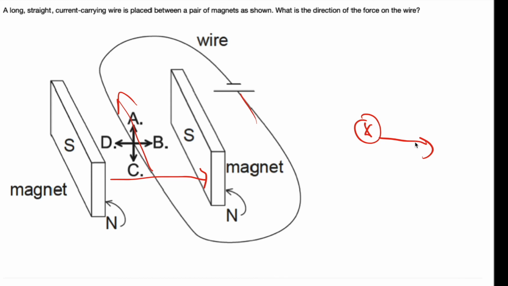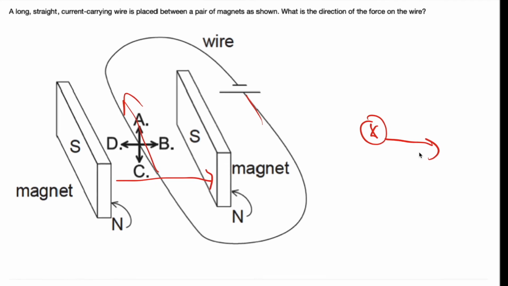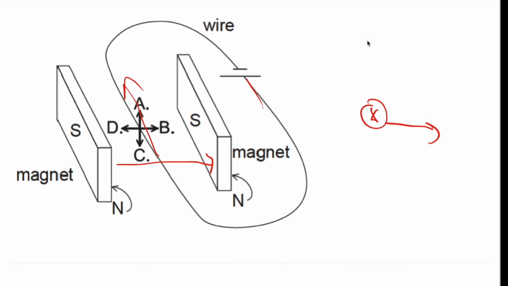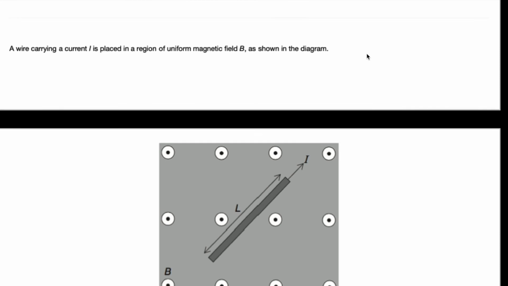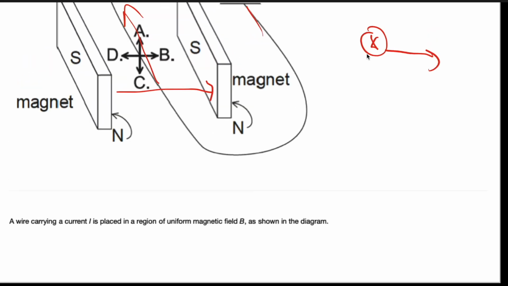Your thumb will be pointing downward if you use the right-hand rule. They're asking what's the direction of the force on the wire, so it's going to be a downward force. Right, so C is the answer.